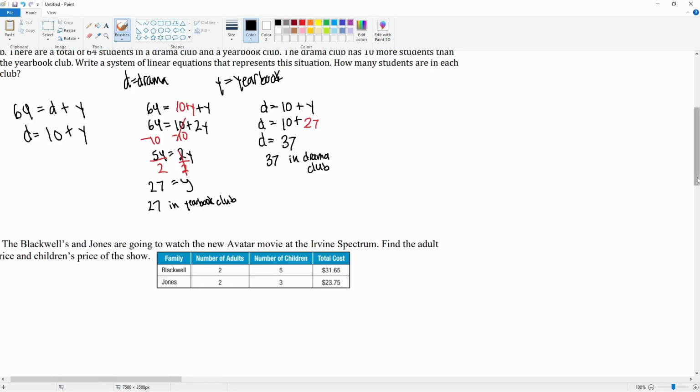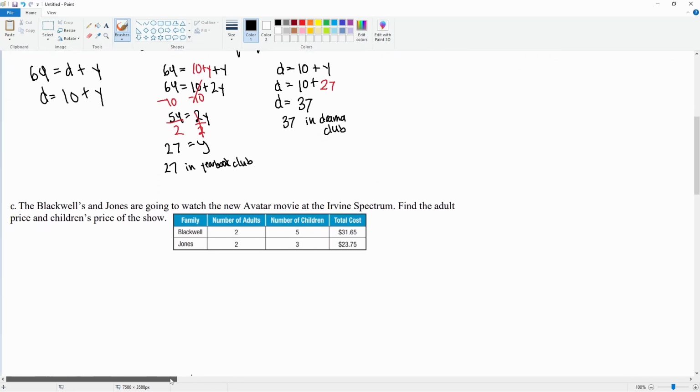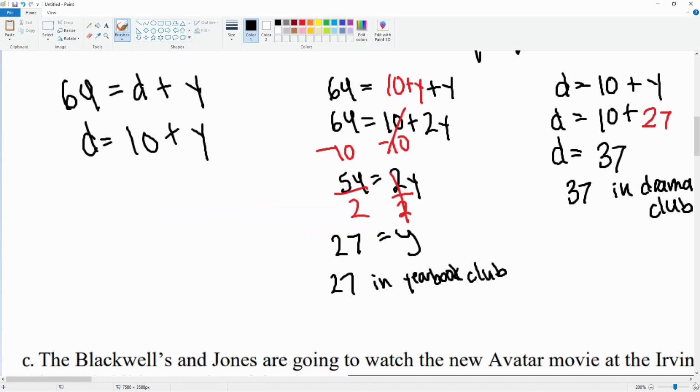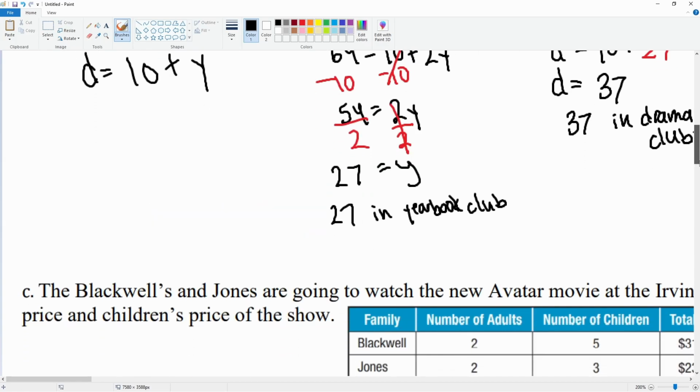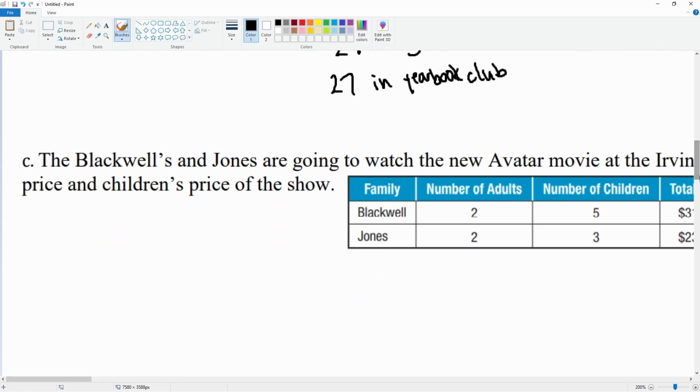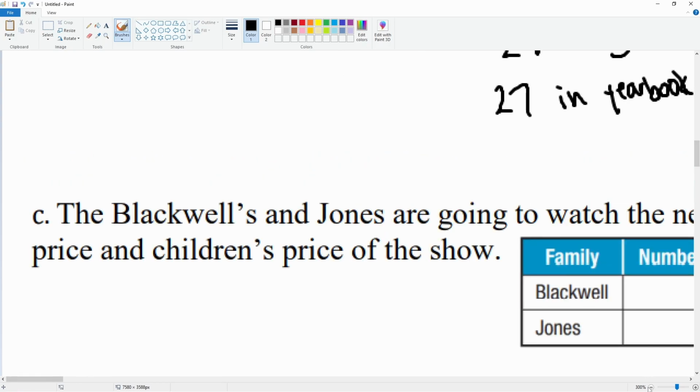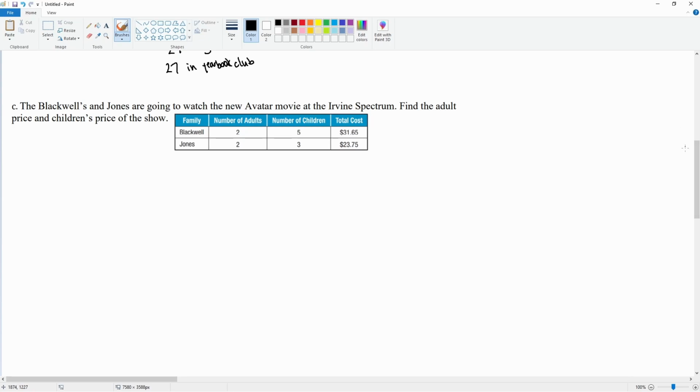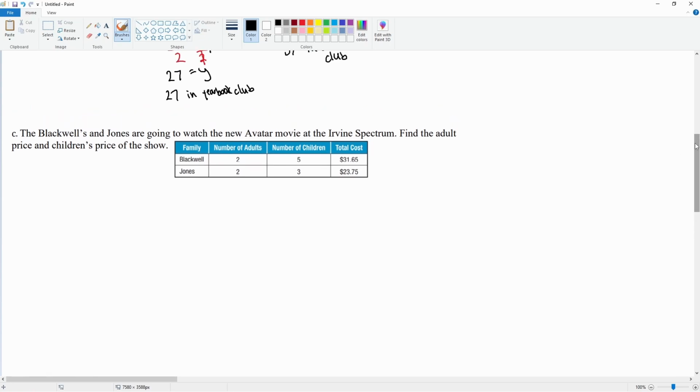And then the last one here. The Blackwells and the Joneses are watching a new Avatar movie at the Irvine Spectrum. Here are the prices. They want to find the adult and the children's ticket price. This is going to be the Blackwell equation.